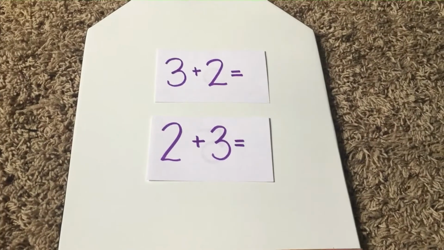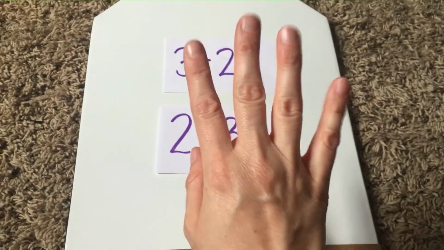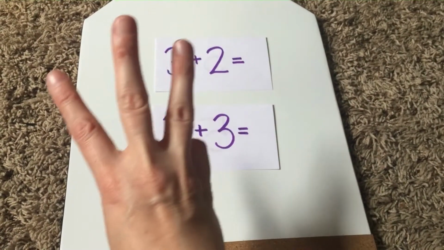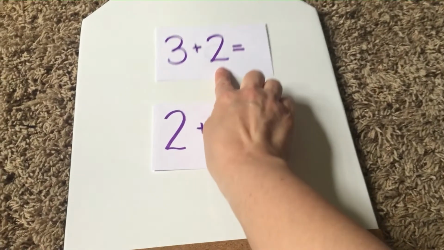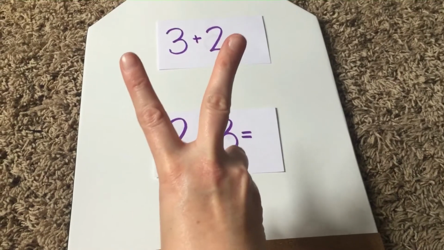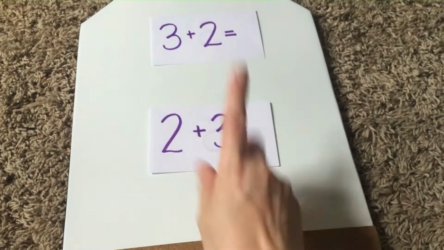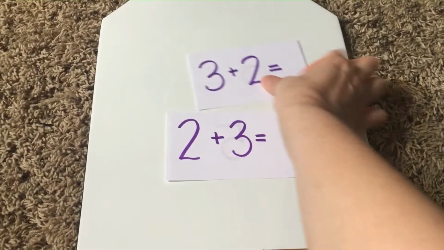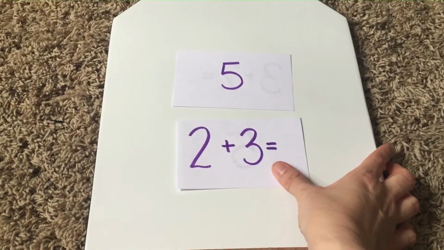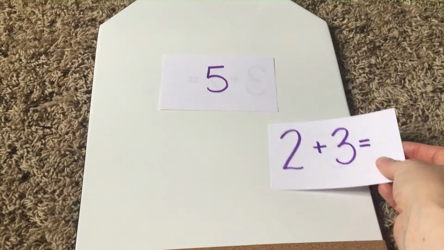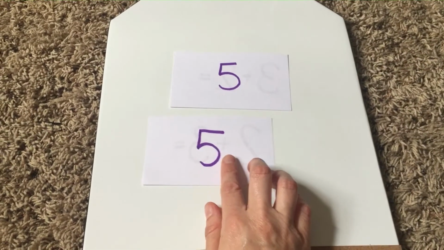For me, I like to think about using my fingers. So if I have 3 and 2 more, it gets me 5. Or if I have 2 and 3 more, I still have 5. So 3 and 2 more is the same as 5. 2 and 3 more is the same as 5.